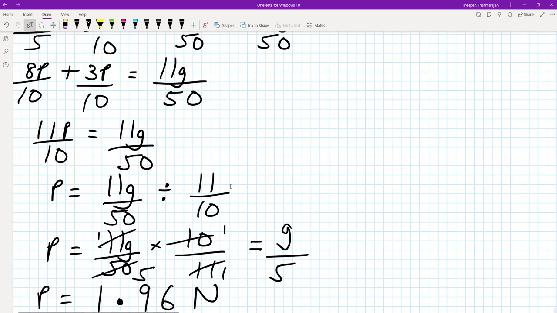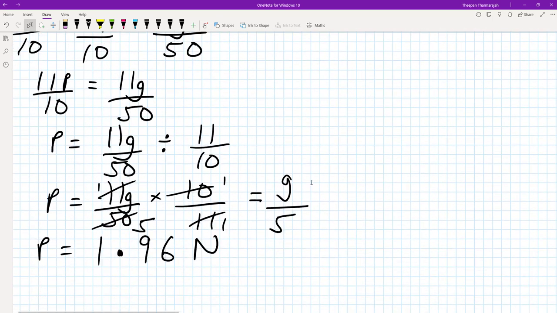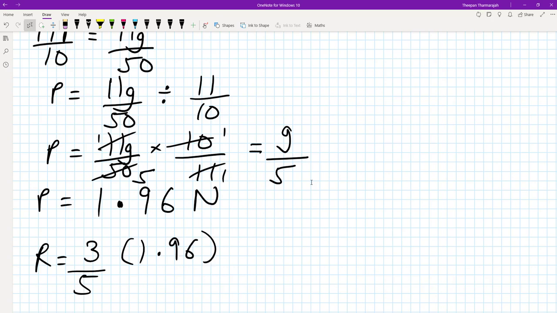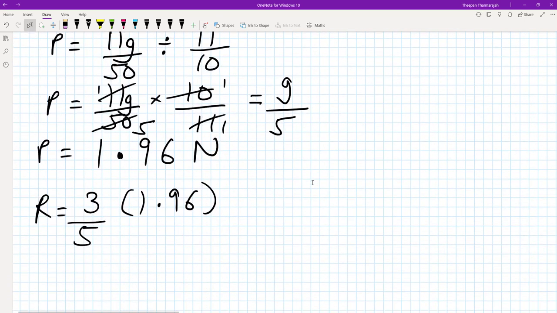So we can plug this in to find R. So R is 3P over 5 plus 22g over 25.